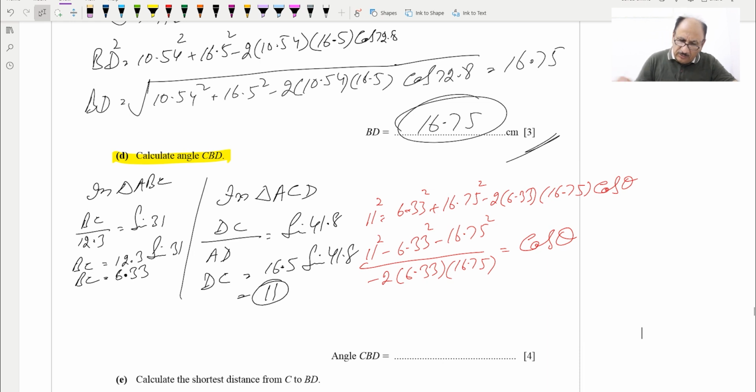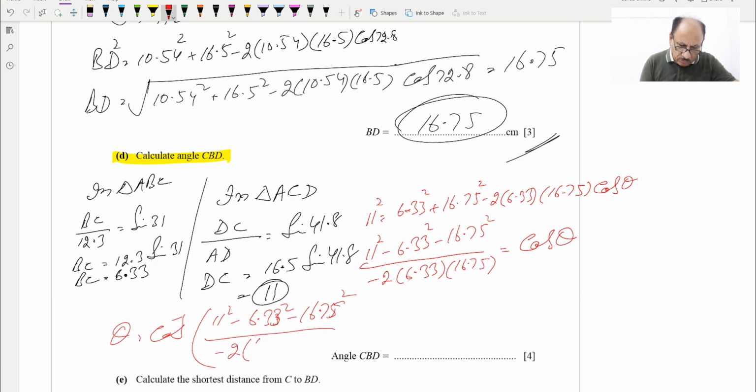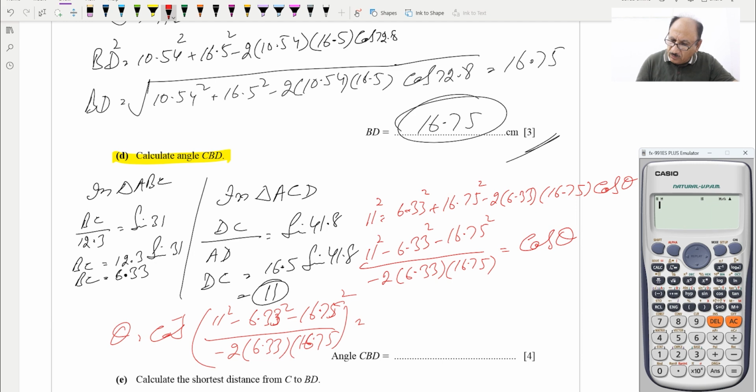Now we can find this cos theta. Theta is equal to cos inverse of 11 square minus 6.33 square minus 16.75 square, over minus 2 into 6.33 into 16.75. We can use the calculator: shift cos.